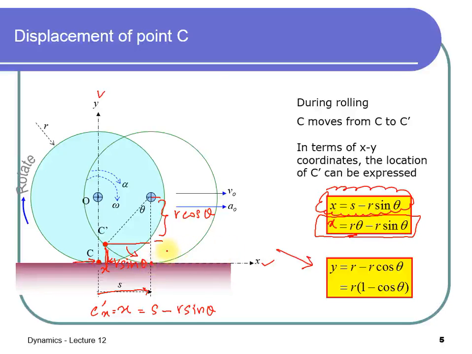So y is following this equation: y is equal to r minus r cos theta, and then we simplify the equation. So that is the position of C prime represented in the x and y coordinate system.